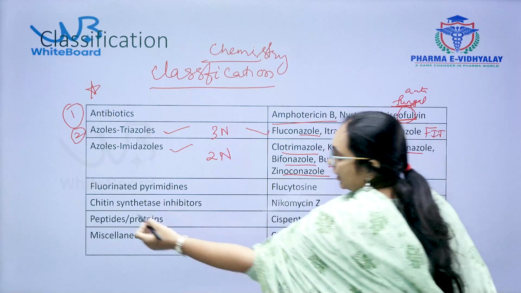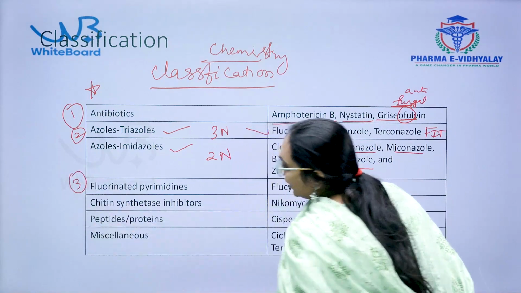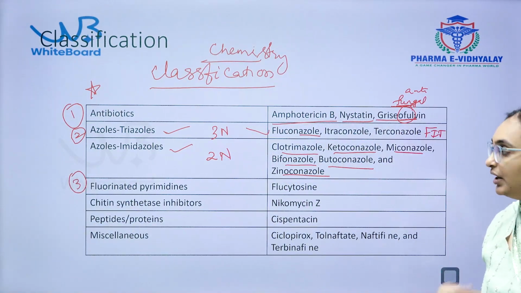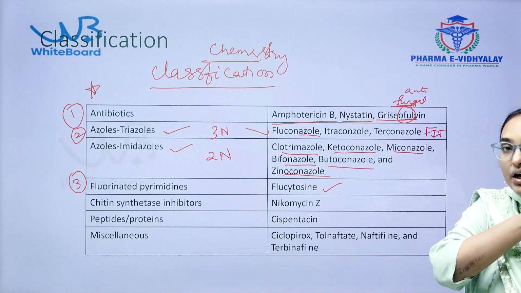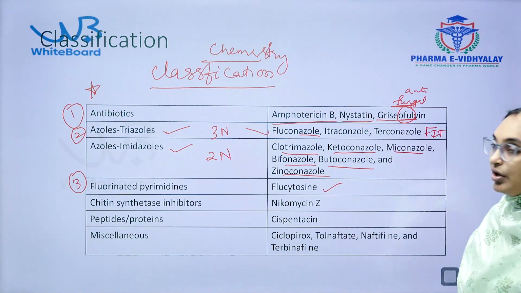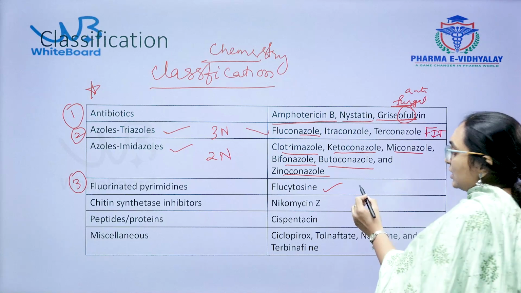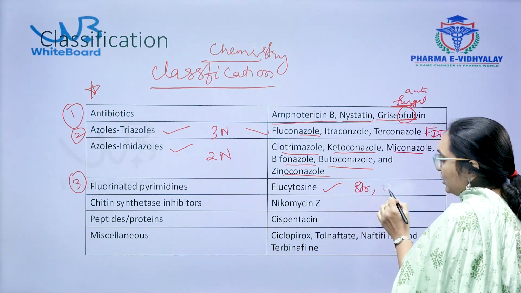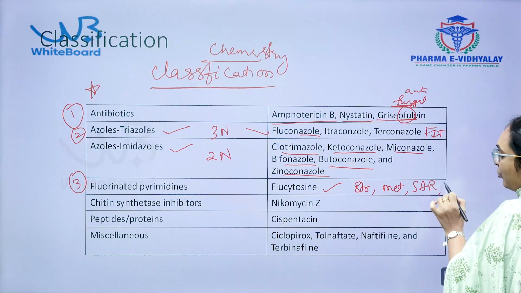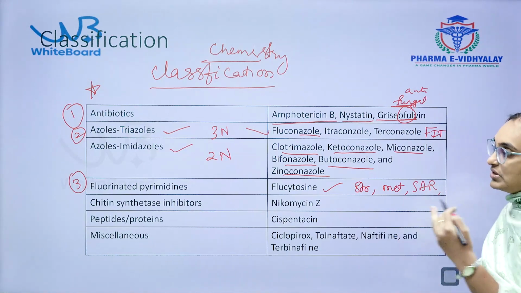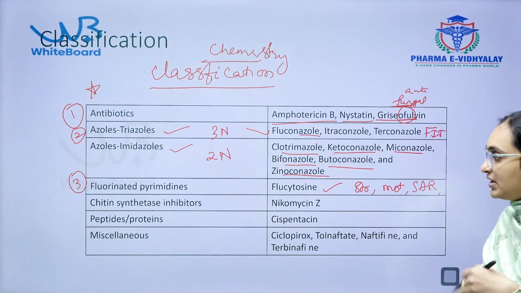Next, another class is fluorinated pyrimidines. Example is flucytosine. The structure, metabolism, SAR, synthesis and important adverse effects, all this we will see drug by drug, one by one, in the next part.